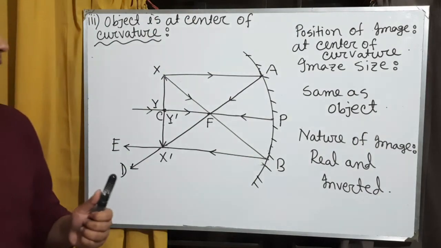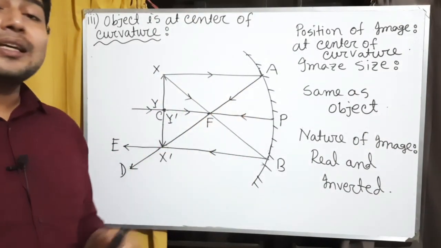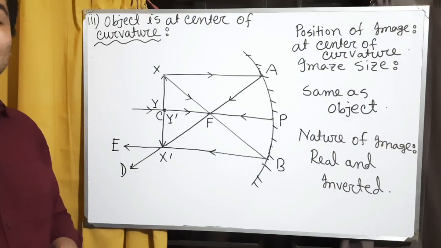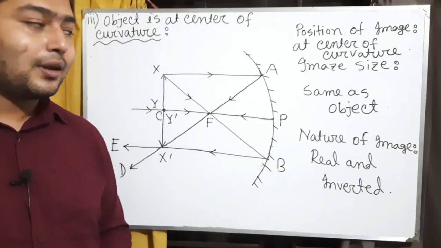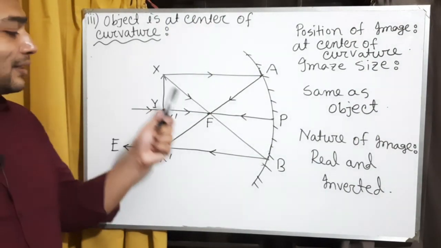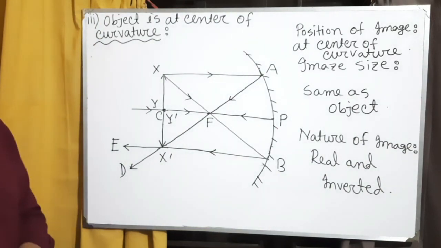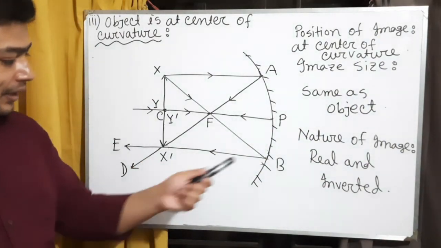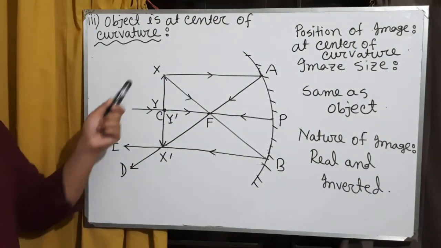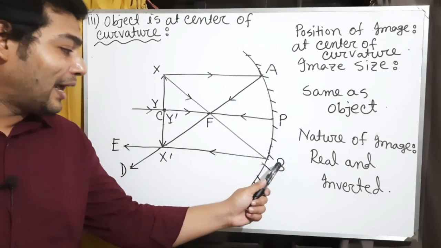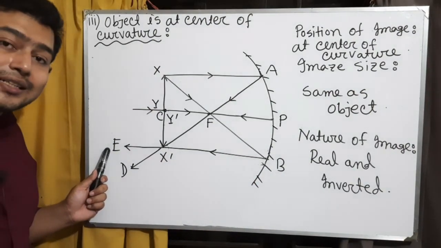Here XA is the incident ray, and for this incident ray AD is our reflected ray. Another light ray XB, going through the focus, will be reflected parallel to the principal axis. Here XB is our incident ray and BE is our reflected ray.